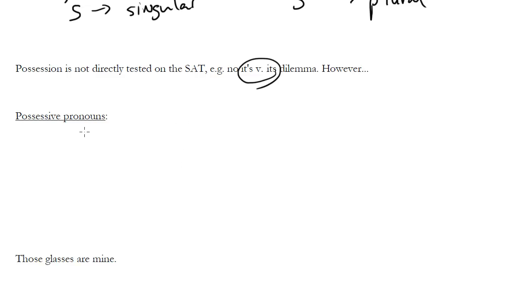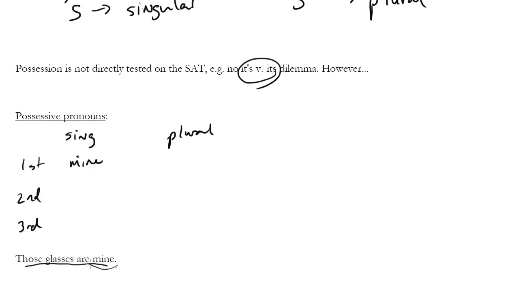So for example, the possessive pronouns, let's actually write them down. Again, you know these, but you just may not know that you know them. So the singular and plural, first, second, and third. First person singular would be mine, as in those glasses are mine.